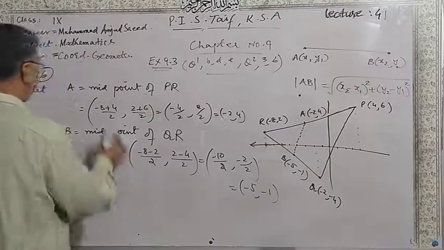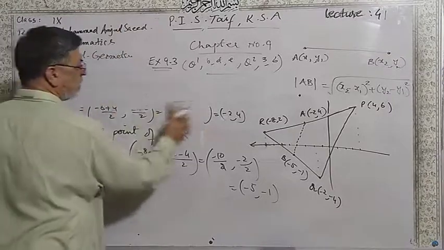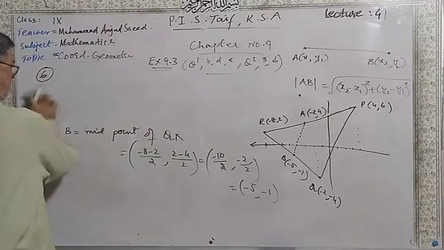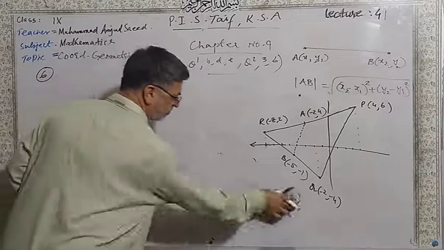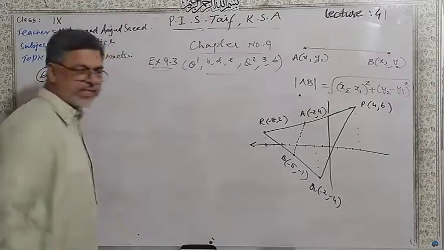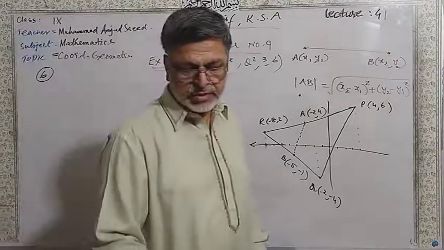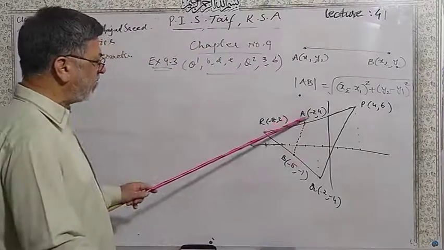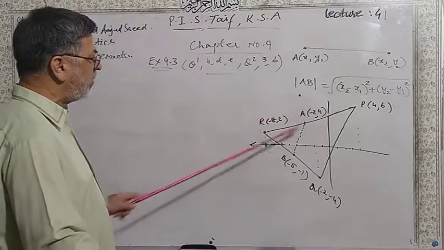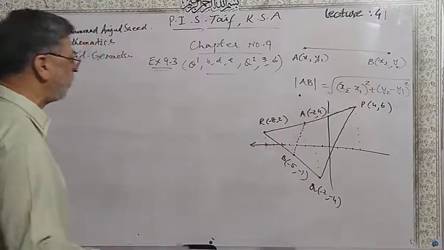Here we have to prove that the length AB is equal to half of PQ. This was the question: show that the length of the line segment joining the midpoints of these two sides will be equal to half of PQ.